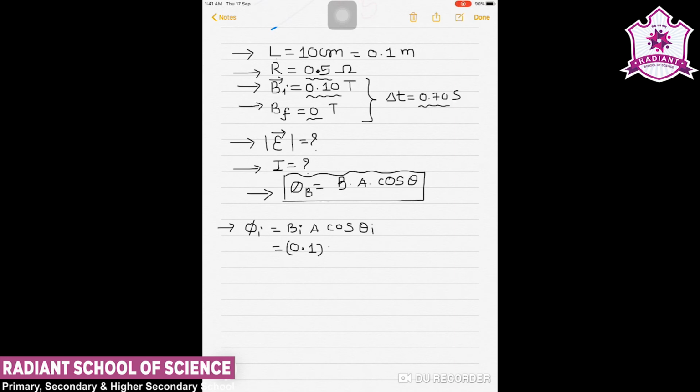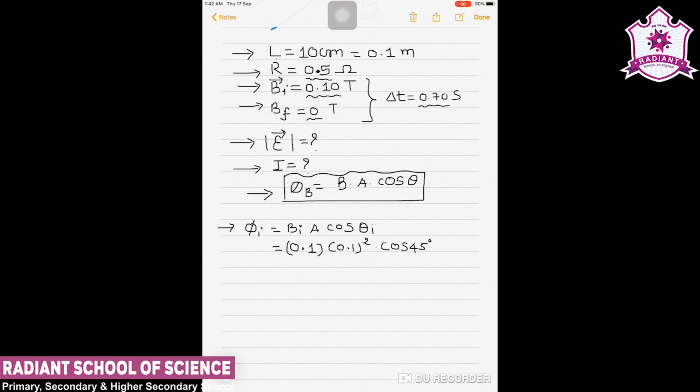Area is given as L square since it is a square loop, so it will be 0.1 square, and cos theta I is cos 45.